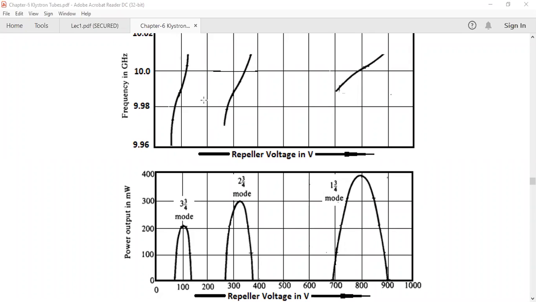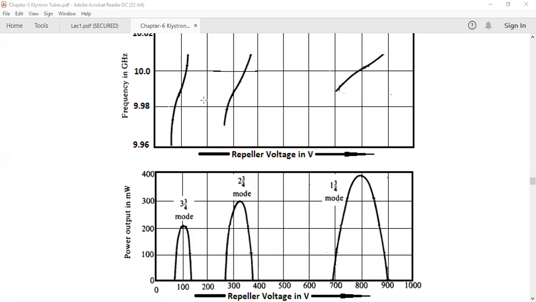Okay, this graph I think you are going to see in your laboratory. Reflex klystron characteristics means we are going to see the different modes we get in our reflex klystron, what the power levels are and what the tuning range is. That is called the reflex klystron characteristics.